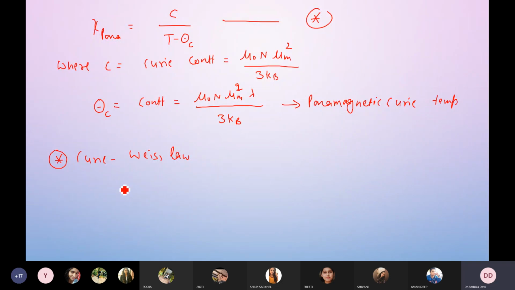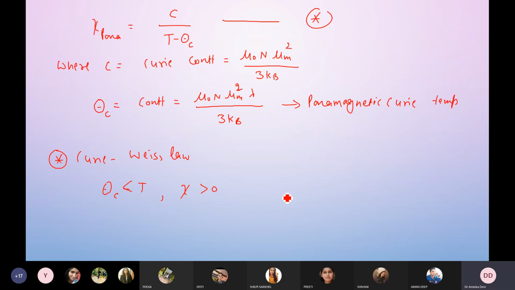For most of the paramagnetic materials, theta C is less than T, so that susceptibility is positive.